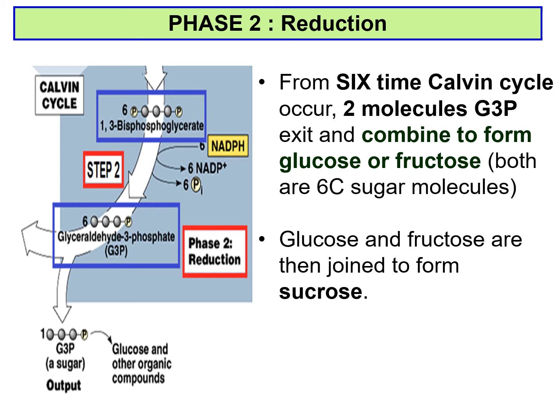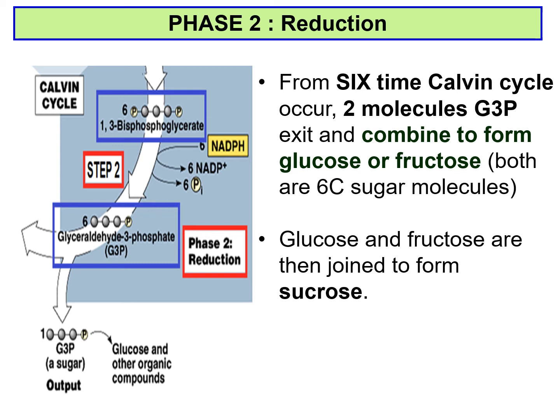So to produce glucose, we need 2 G3P. So to get 2 G3P, we need to double this. Double everything. So 6 carbon dioxide should produce 12 G3P.